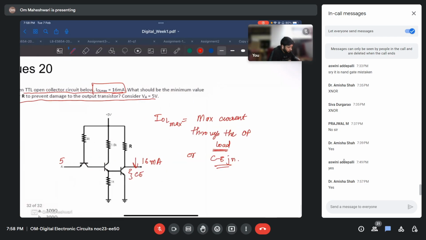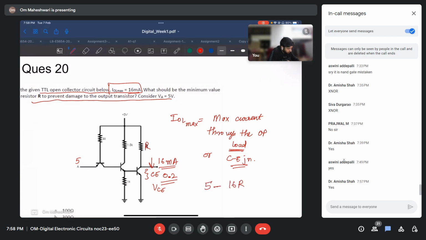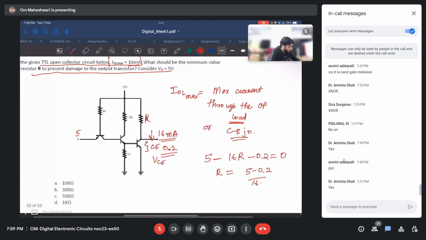We know this current will flow only when this is turned on, and when this is turned on, it will be a 0.2 volt drop. So we just have to find R. So 5 minus 16 R minus 0.2 equals 0. R equals (5 minus 0.2) by 16 milliampere. This will give me 300 ohms.